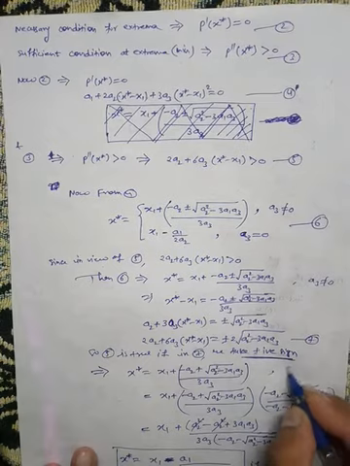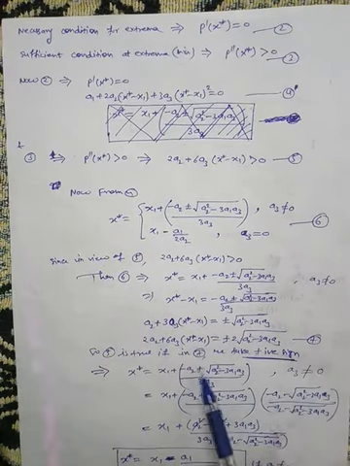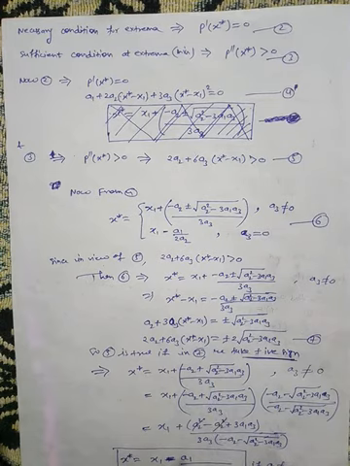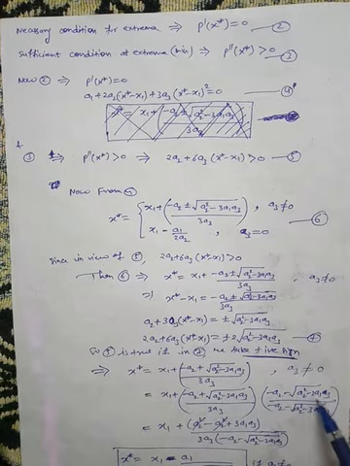This is when a3 is non-zero, and we have taken only the positive sign. So x1 plus, now multiply and divide by the conjugate, which is minus a2 minus square root of a2 square minus 3a1 a3.